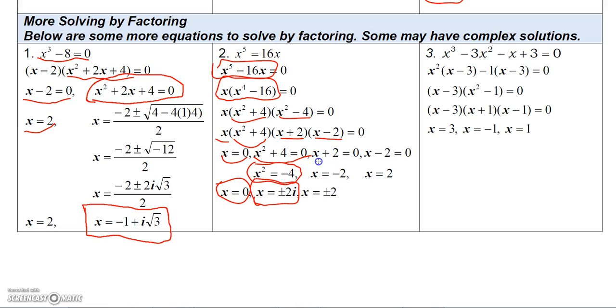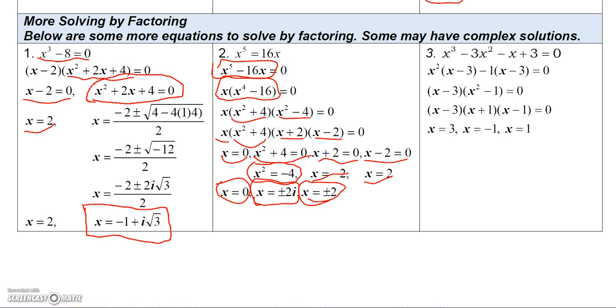And then you set x plus 2 equal to 0 and solve it, and you get x equals negative 2. And you set x minus 2 equals 0 and solve it, you get x equals 2. Since x equals negative 2 and 2, I just went ahead and wrote that as one expression, x equals plus or minus 2. So here you have 5 answers: 0, plus or minus 2i, and plus or minus 2.